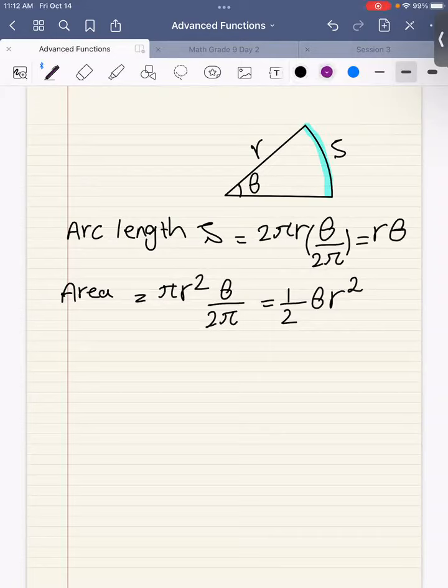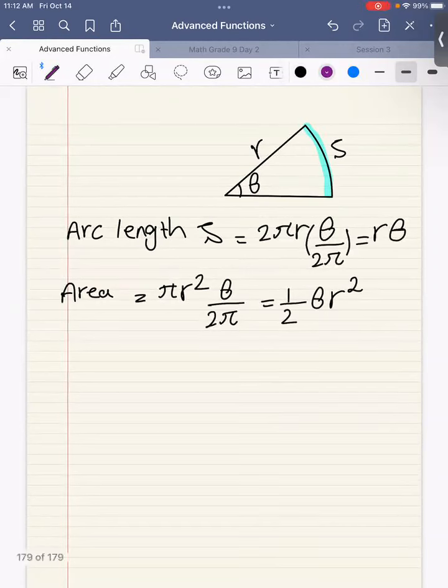Question. Why do we have to multiply by theta over 2 pi? What does that mean? That's because that's the proportion of the whole thing. That's the ratio. 2 pi is 360 degrees, the whole circle.